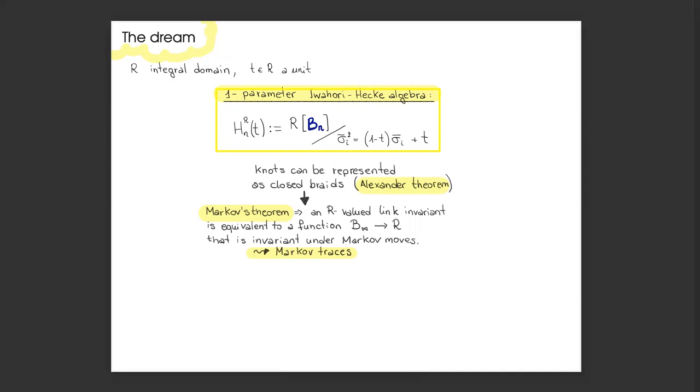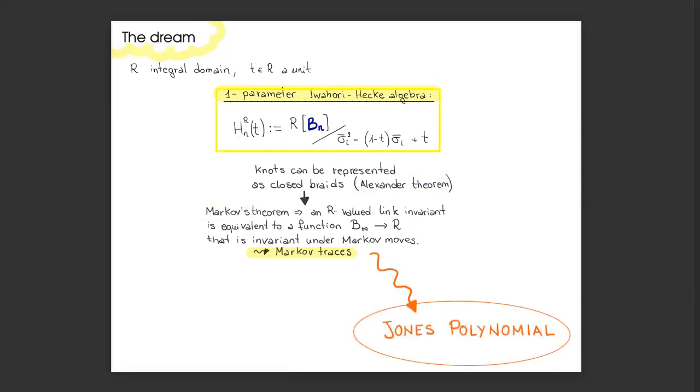This kind of invariants are called Markov traces, and this is the path that led to polynomials. So this great breakthrough in knot theory that we all know about, and a lot of work has stemmed from there trying to see what other invariants we can find.